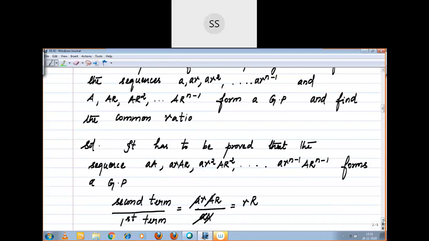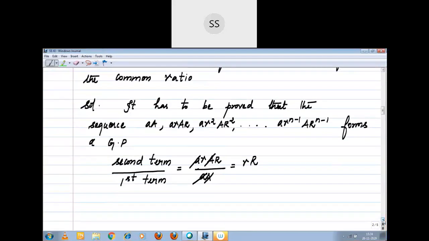Now we'll pass on to the next. Third term divided by second term. If you arrive at small r capital R, it means it forms a GP, right?